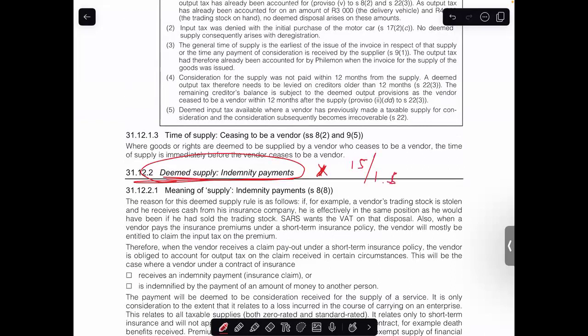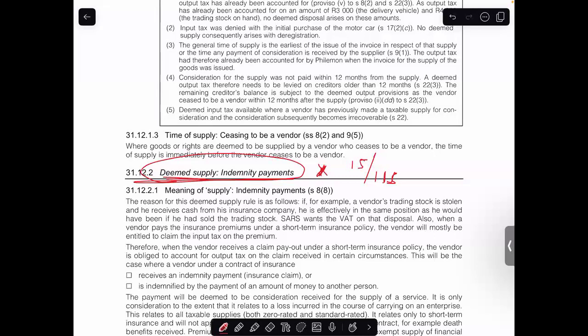In the event you are required to calculate VAT output on indemnity payment, which is the insurance payment, you calculate your VAT in the following manner. Whether they have said to you the amounts are exclusive of VAT, you use 15 over 115. You don't say times 15%. If the amount from the insurance company is a consideration, it is inclusive of VAT.